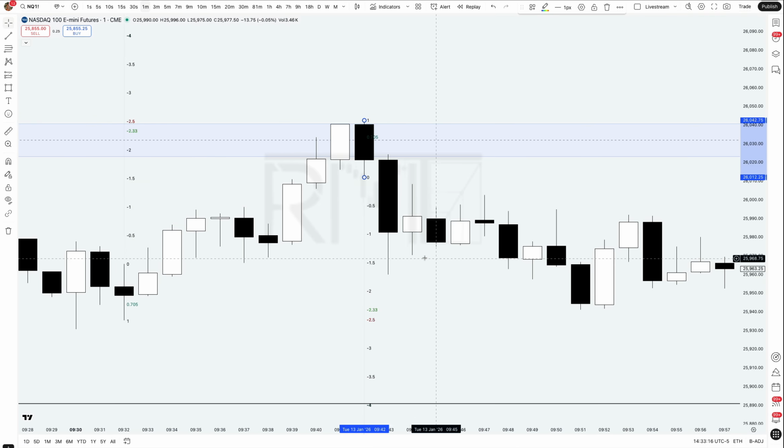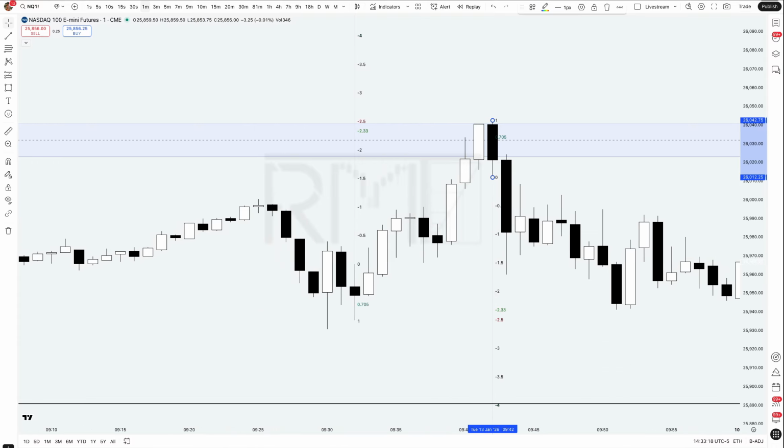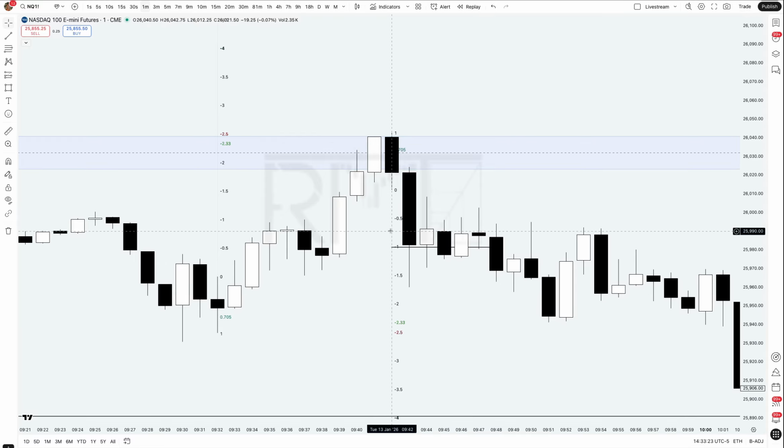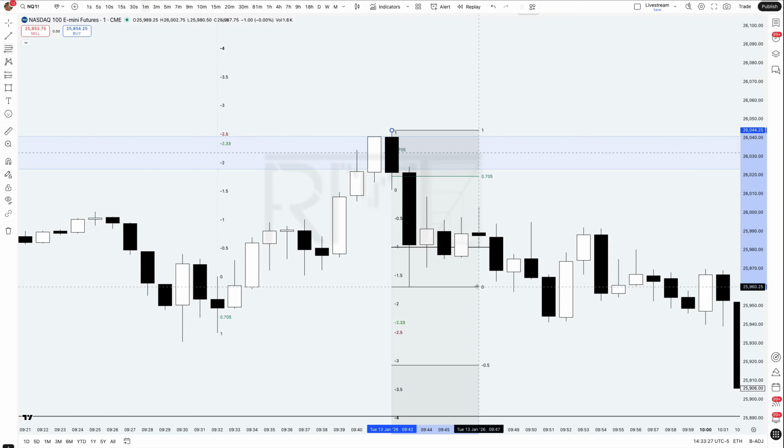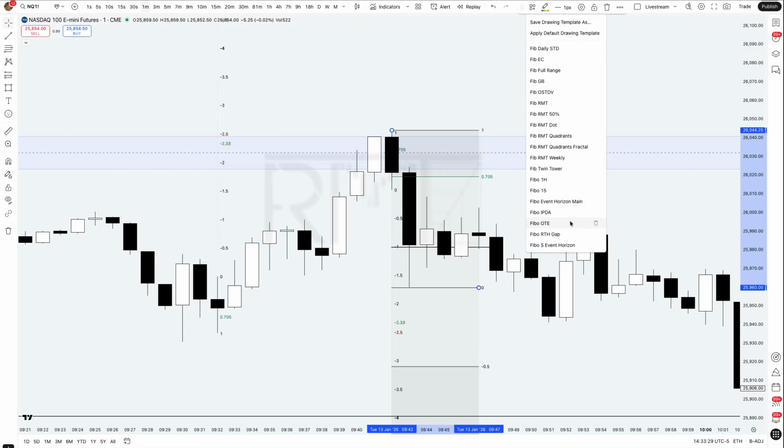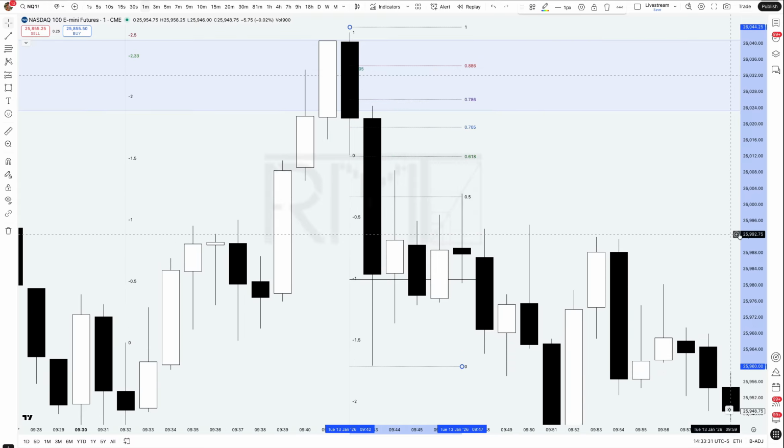We need to see a candle close below 1 deviation. After the candle close below 1 deviation, we need to wait for some kind of a retrace, at least to the 50%, and take the trade.